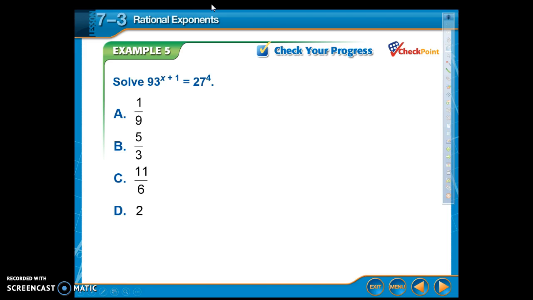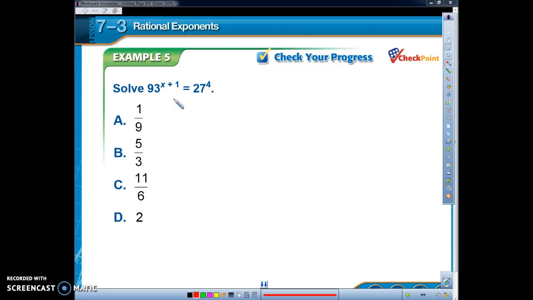When we're working out this one, I'll be honest with you guys, I tried to find a base that would match up with this. I couldn't do it. So what I did is I started taking these answer choices and putting them into here, and the only one that would work was B, 5/3. That's what I did to solve this. If it doesn't work out exactly right, that's just being smart with your answer choices.